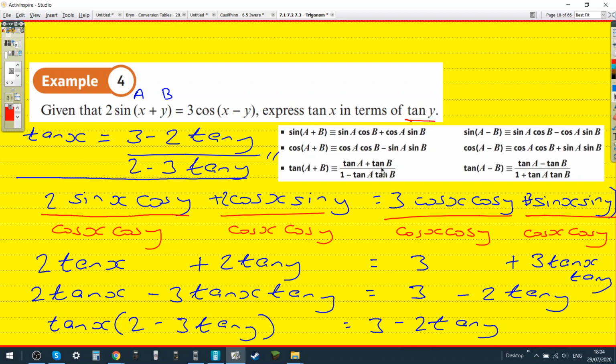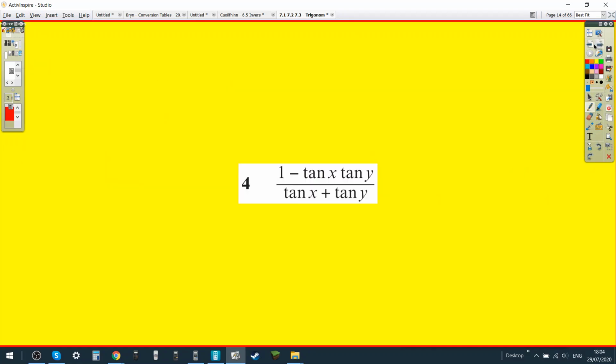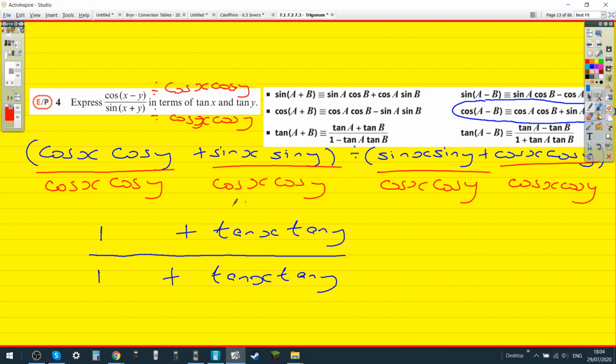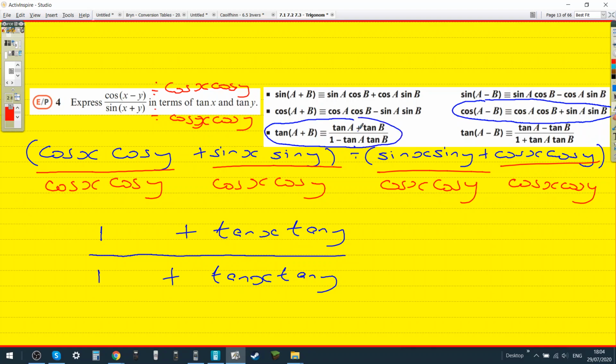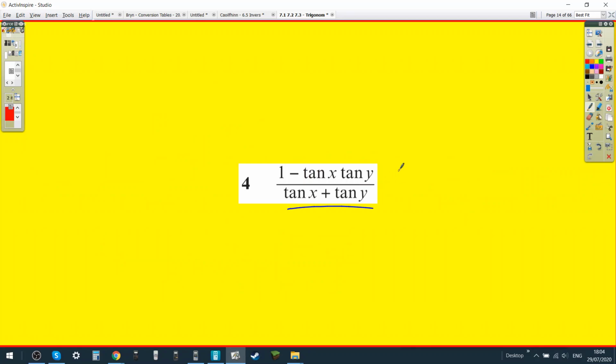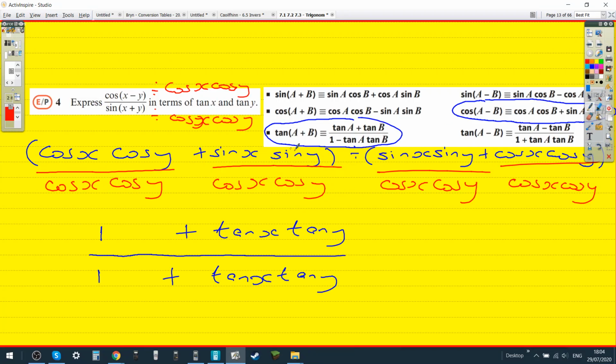Tan A plus tan B. Why would they make my life that difficult? This one here. They messed around with this again. And so you can see tan A plus tan B, tan X plus tan Y. So they messed around with it a second time.